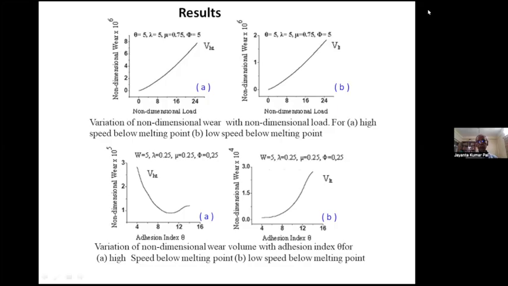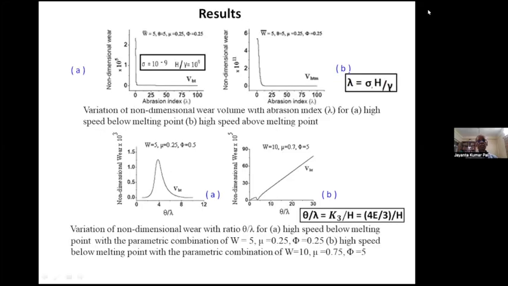Next we go to another two important parameters. First is the abrasion index, total wear against abrasion index. Now here, at a low abrasion index, adhesion is very large.